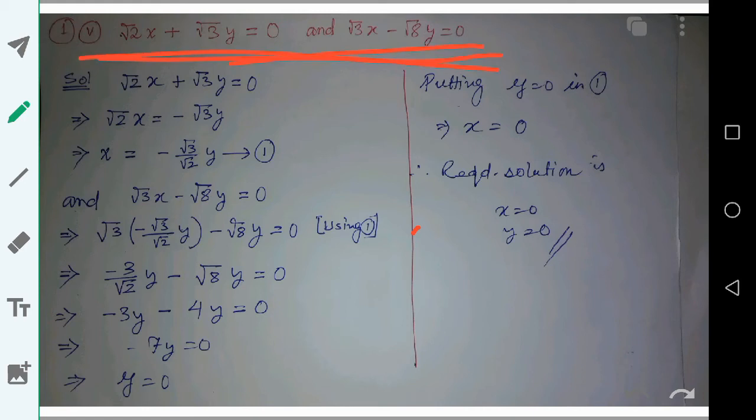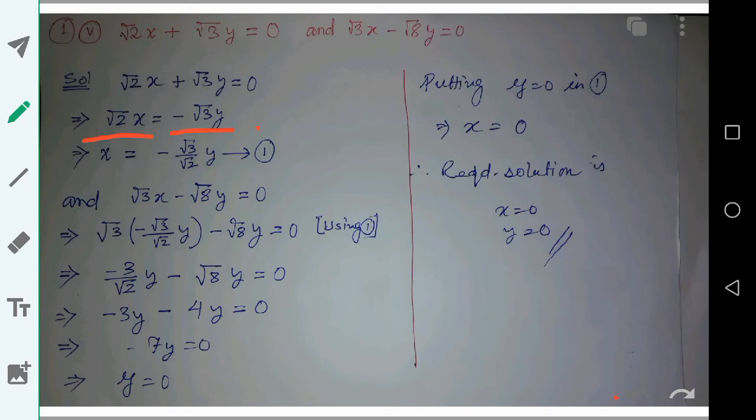So this is the first equation I have written here: root 2 times x plus root 3 times y is equal to 0. Let me express this one as a value of x. In order to do that, we transfer this term to the other side of the equal sign, that is minus root 3 into y.